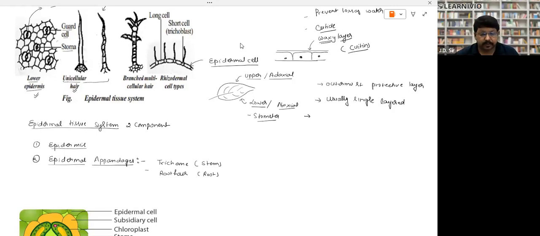Next, cells are compactly arranged and living. Full stop.